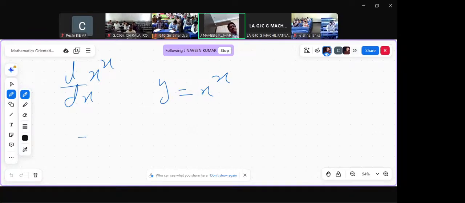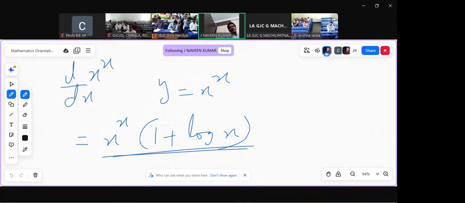At last we will get the answer as x power x into 1 plus log x. Derivative of x power x is x power x into 1 plus log x. This is the regular standard model.